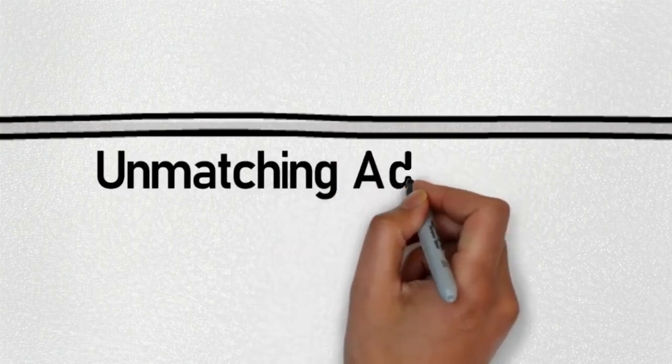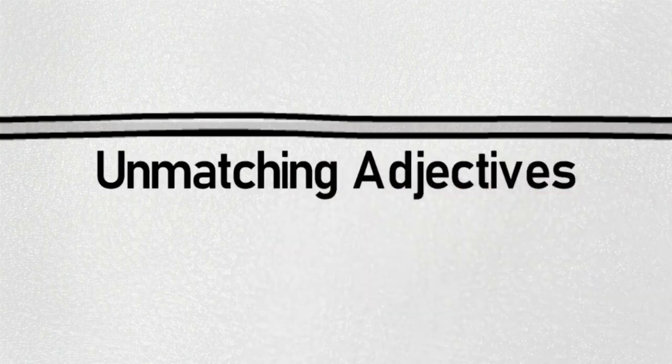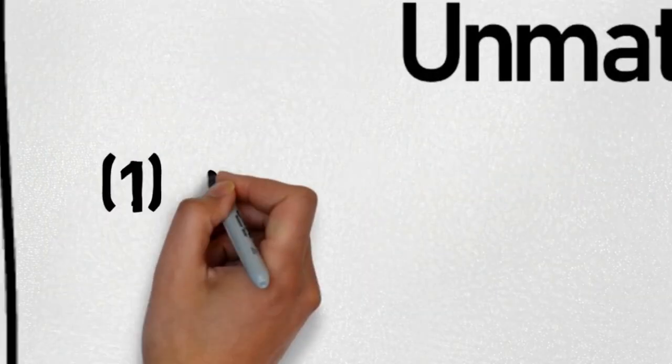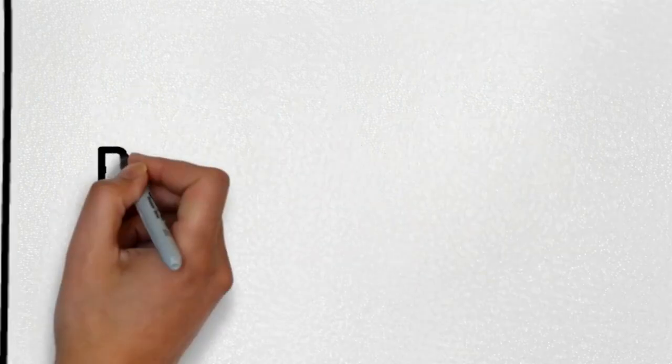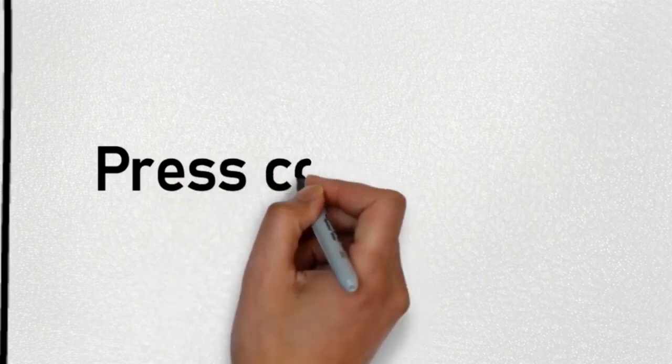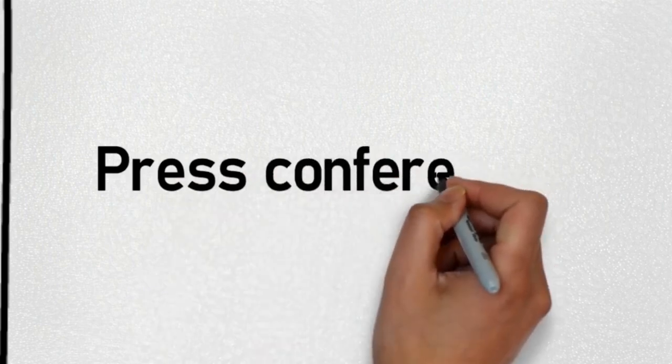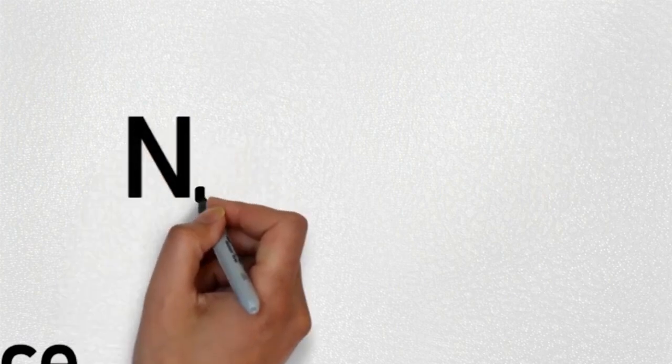Adjectives in Arabic or English may be translated into different parts of speech, as mentioned in our videos on class shift or transposition. For example, press conference, we translate it to مؤتمر صحفي, not as مؤتمر صحافة.